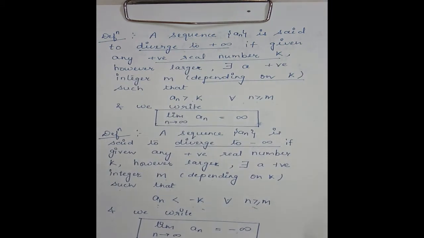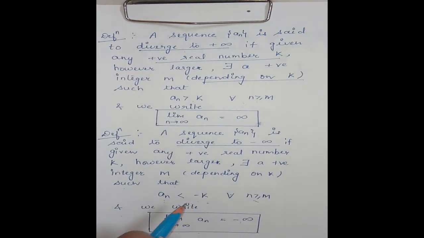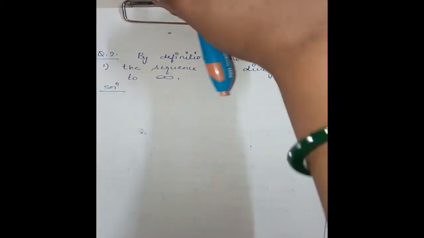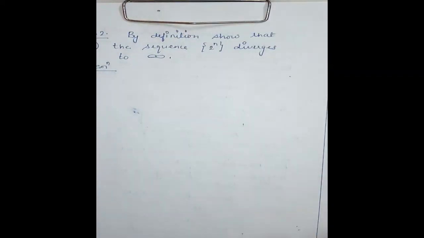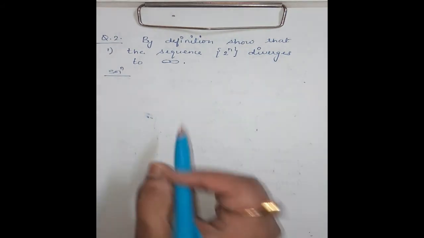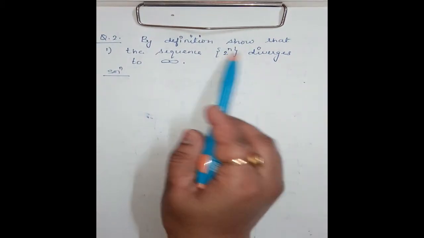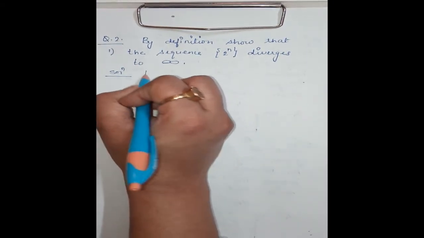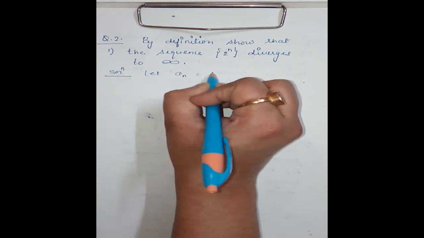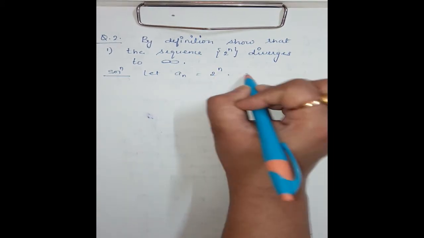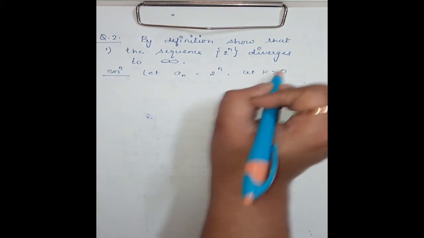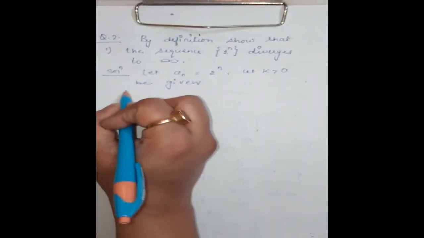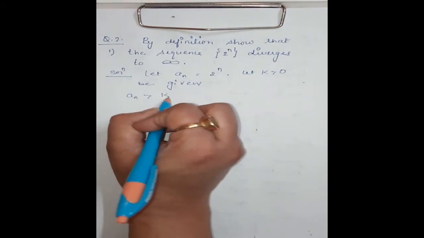Now, again using the definition, show that by definition the sequence 2^n diverges to infinity. Let a_n = 2^n and let k greater than 0 be given. Now a_n greater than k will imply 2^n is greater than k.